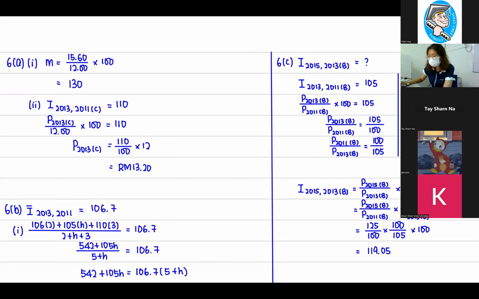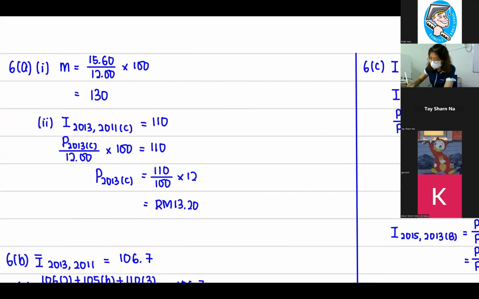Find the value of M. So you just apply: this is 2015, this is the 2011 price, and you get your answer M equals 130. This is one mark, two lines for one mark. After that, find the price of material C in 2013. I do not know this, but I know that in 2011 the price is 12 ringgit, and also from the table I know that the price index is 110, and I can get the answer.